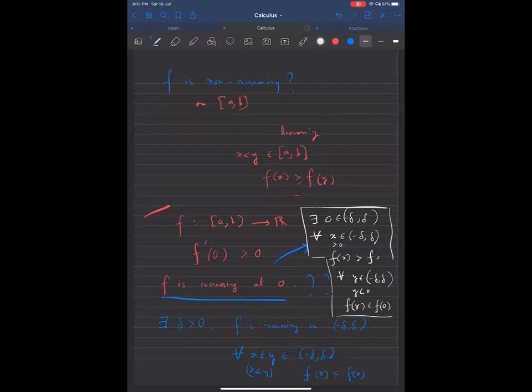This is what we really mean by saying that a function is increasing at a point, let's say here 0. Can you spot the difference between the two definitions?